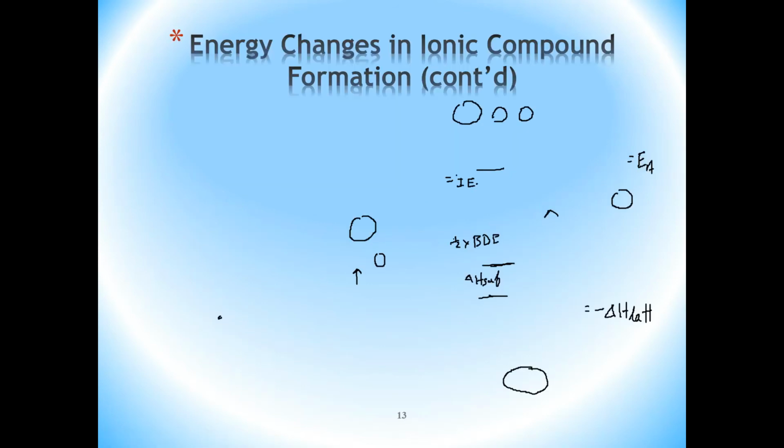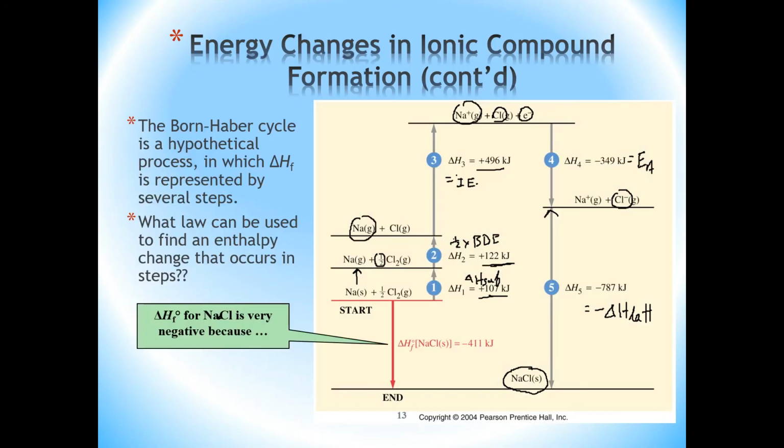Going back to the Born-Haber cycle, to go from here to here would be the lattice energy. Therefore, going from here to here would be minus the lattice energy, which in this case is minus 787 kilojoules. Based on Hess's law, the enthalpy change going from reactant to product is independent of the pathway you take.